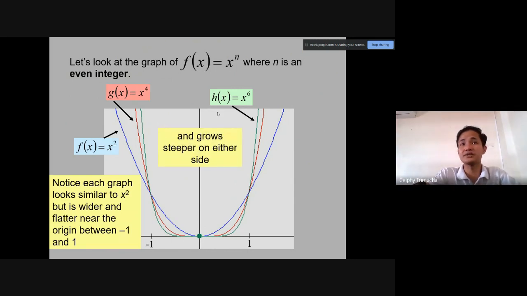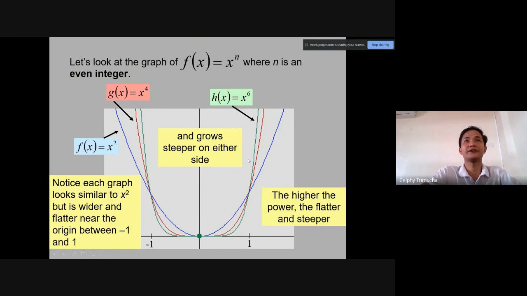So, it grows steeper on either side. Samtang ga-approach kita, medyo ga-palapit siya sa negative 1 at this point sa ating graph. So, the higher the power, the flatter, and the steeper ang ating graph. So, take note, paris-paris lang tanan ng ating itsura, though x squared lang, pero medyo gapagamay lang sila. So, basta even ang ating nga exponent.